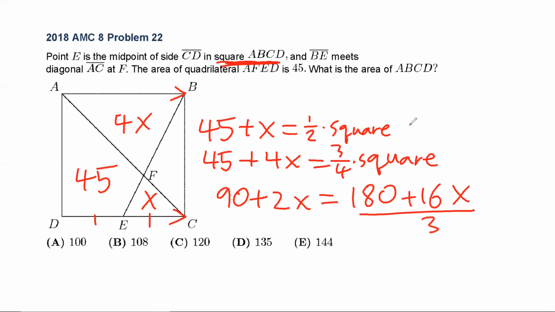So if you just try to solve for x and square, then you should be able to find, since they're asking for the area of the square, that the area of the square is b, which is 108. Do you guys want me to actually go through the algebra?